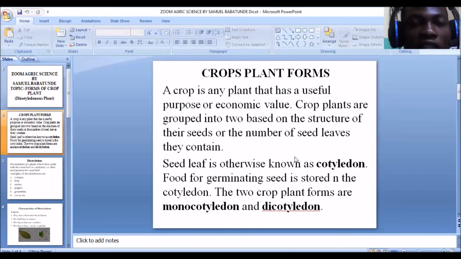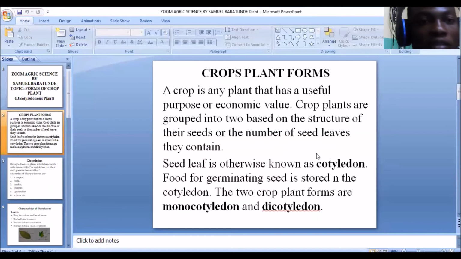These seed leaves, also known as the cotyledon, can either be 1 seed leaf or 2 seed leaves, and so these plants are divided into 2. The monocotyledonous plants, meaning plants with seeds which have 1 seed leaf, and dicotyledonous plants with 2 seed leaves or 2 cotyledons.